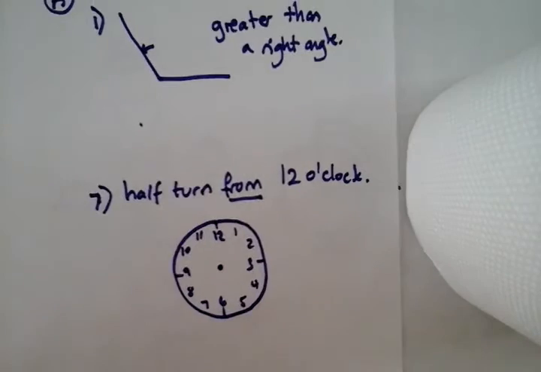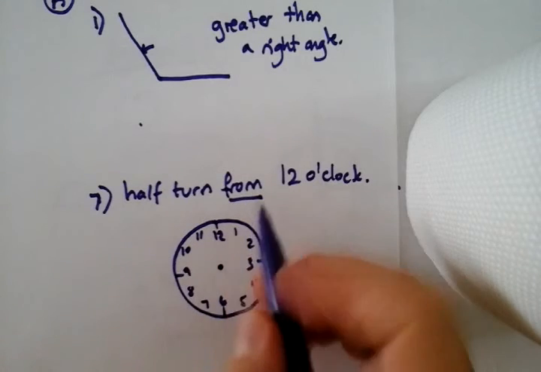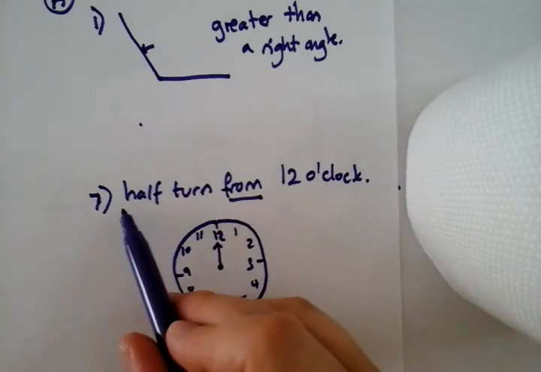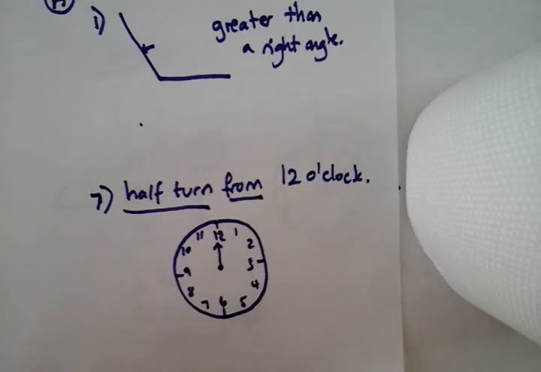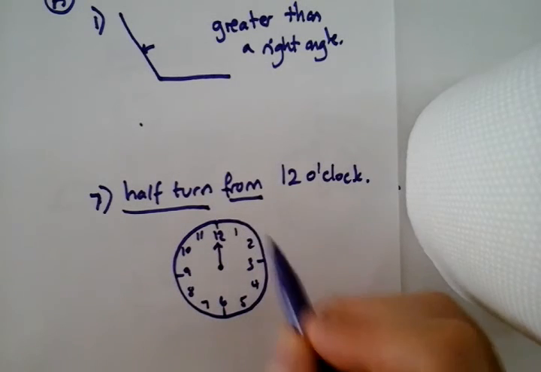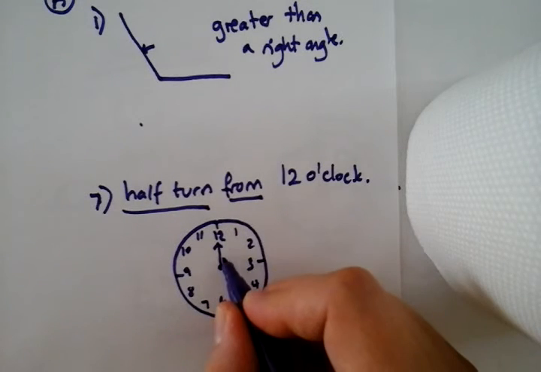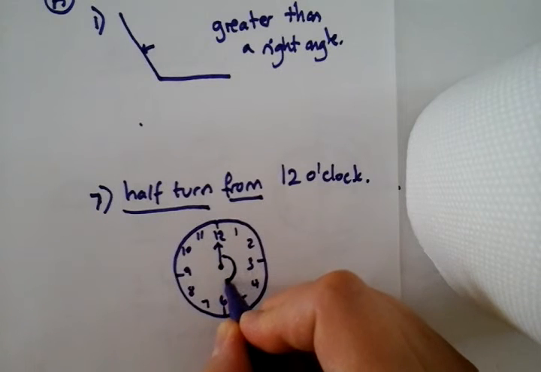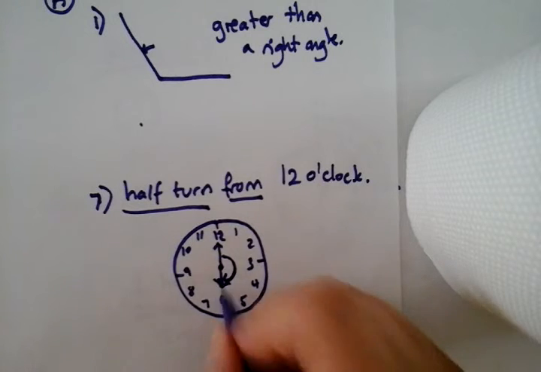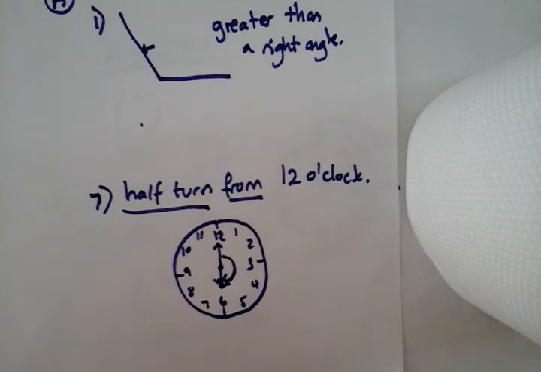It's my dot. And we're starting from 12, so we've got one arrow at 12, and it's saying half a turn from 12. So imagine this is a circle, half the turn would be all the way like that. So the other hand would be there. Half a turn.